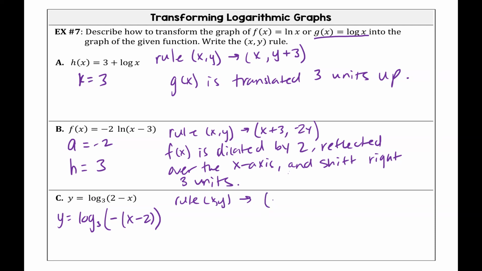So for x, it's going to become negative, and then you're going to add 2 to each one. That's because we have a C value, C is -1, and we have an H value, and H equals +2. We're just describing this, and we're going to write it out correctly.